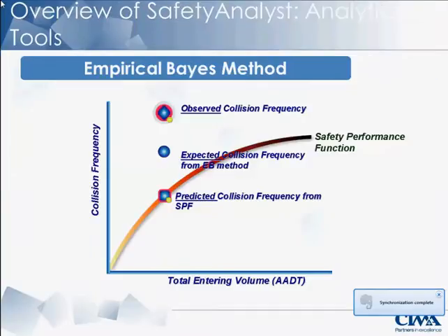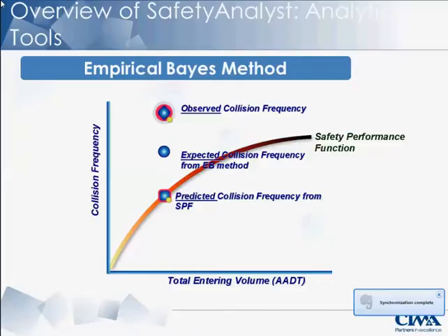And then, once you have your SPF for a location, this is your curve, the safety performance function. At a particular ADT, this is an average number of collisions that you expect from all of those similar locations, right? So if in your jurisdiction you develop your SPF for all of the signalized intersections whose ADT is a given number, you're expecting to have an average number of collisions with that.